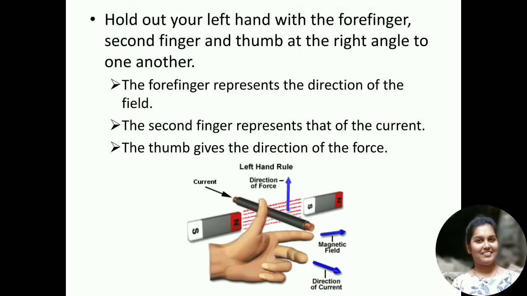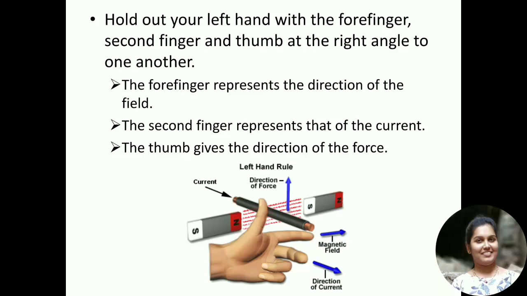For this, hold out your left hand with your forefinger, second finger and thumb at right angles to each other. Stretch out your palm such that the little finger and the ring finger are folded, and the other three fingers, the thumb, forefinger and second finger, are at 90 degrees to each other.